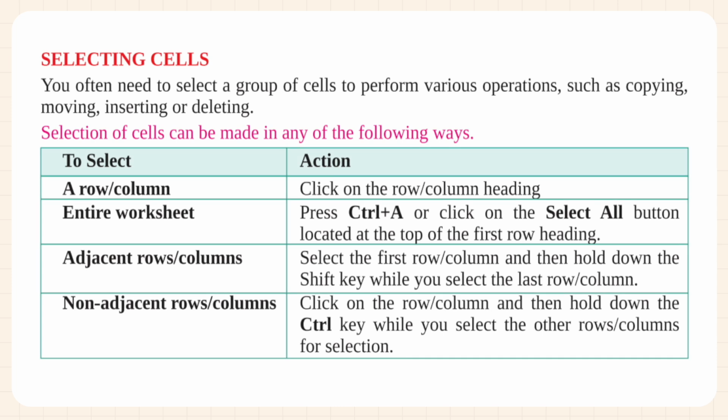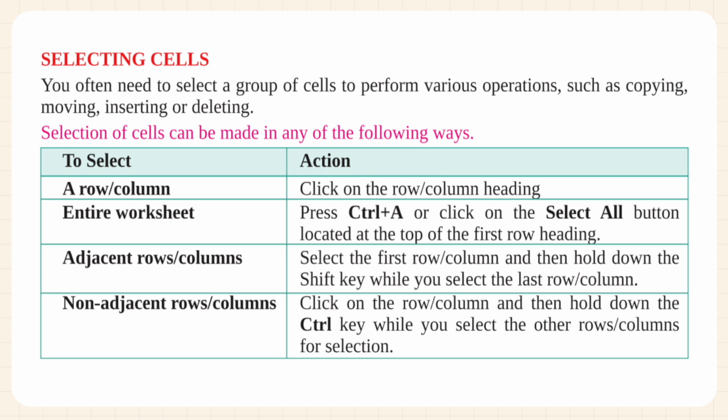Selecting cells. You often need to select a group of cells to perform various operations such as copying, moving, inserting or deleting. Selection of cells can be made in any of the following ways. To select a row or column, click on the row or column heading. To select the entire worksheet, press Ctrl+A or click on the Select All button located at the top of the first row heading.